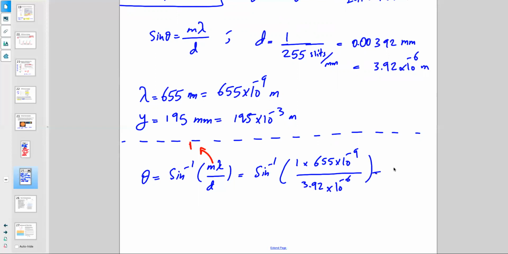So this will give me 9.6188 degrees. Okay, so that's the theta.